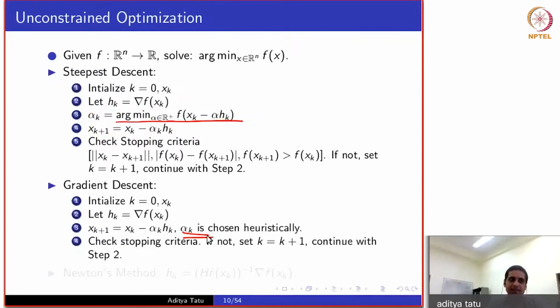As I said, if I ensure that I take a small enough step, then the linear approximation does describe the function around it quite well. So as long as you choose a small time step, this strategy will also make sense. So you have gotten rid of this one-dimensional optimization problem.